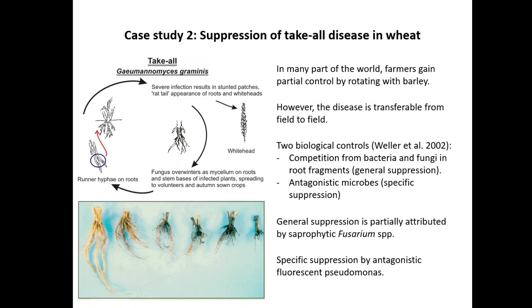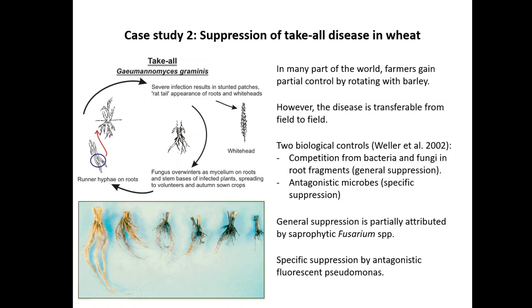General suppression of the take-all pathogen is partially attributed to the activity of non-pathogenic saprophytic Fusarium species. The take-all pathogen is able to grow and reproduce on crop residues, such as root fragments and stems, when the crop is not present in the field.